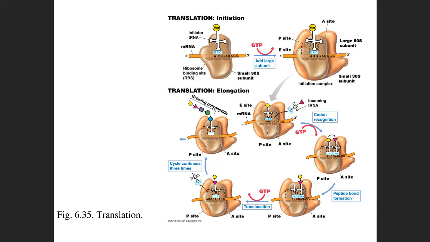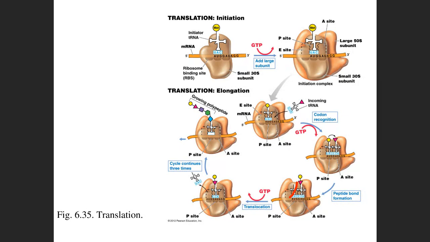Every loop is incorporating one amino acid. So this goes in, and this moves. It uses one GTP, moves to form the link, and then moves with another GTP, and then the empty tRNA gets removed. All right.